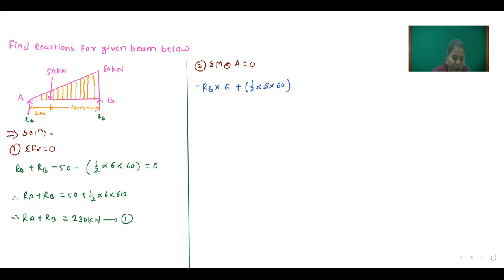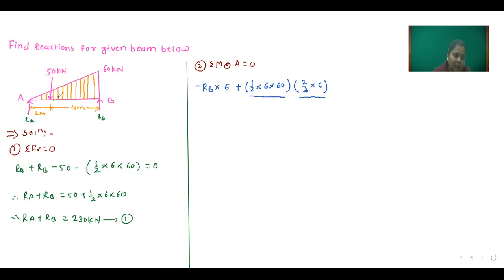This is the load, and then the perpendicular distance. Whenever we take distance from the smaller side it is 2/3, and from the larger side it is 1/3. We will consider from point A. So the CG of this triangle is 2/3 into base, and base is 6. So this is the force, and this is the perpendicular distance.